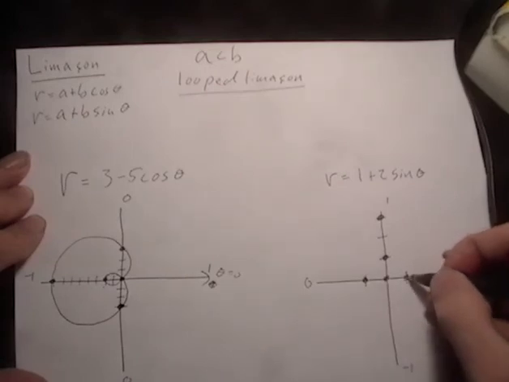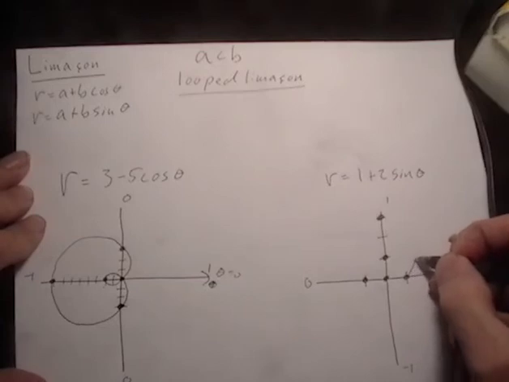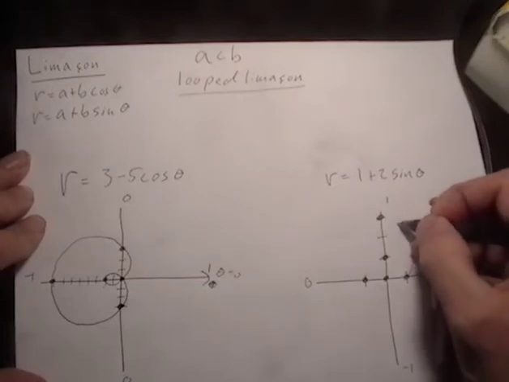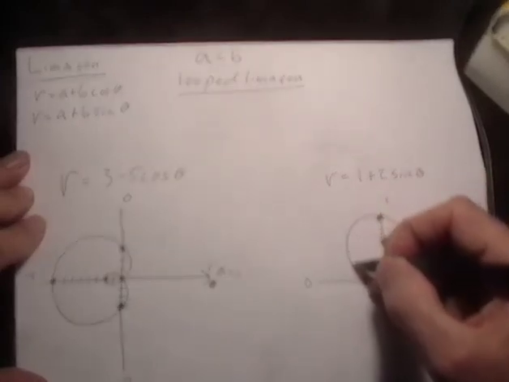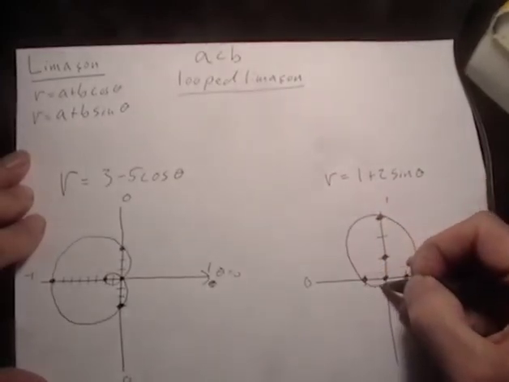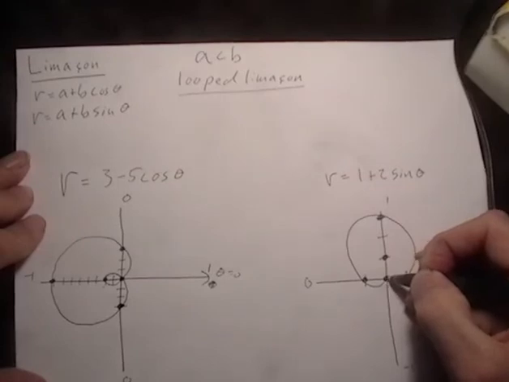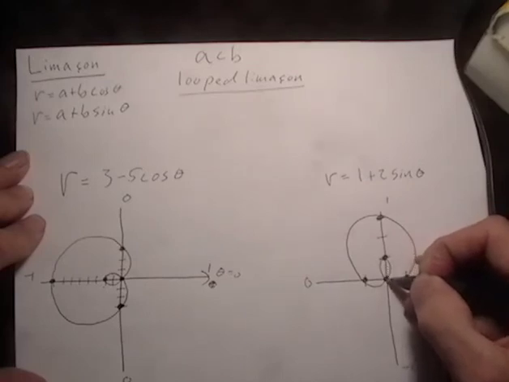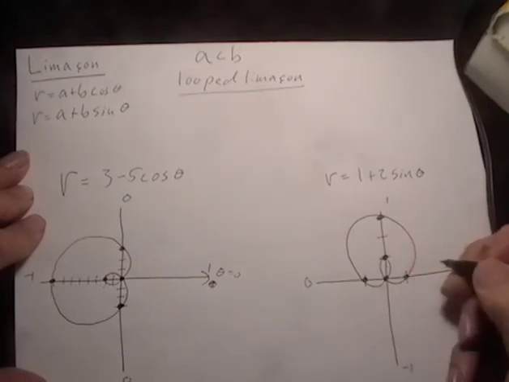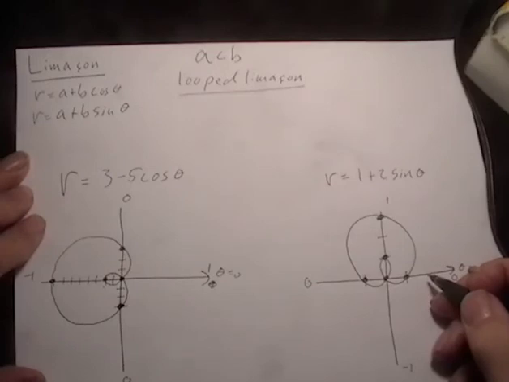I expect this graph to rise, hit an outer limit of r equals 2. R is going to be decreasing. R is going to turn to 0, and then negative, return to being positive, and the graph will complete.